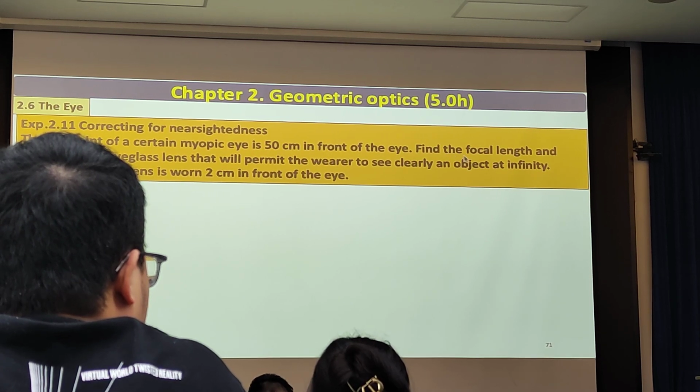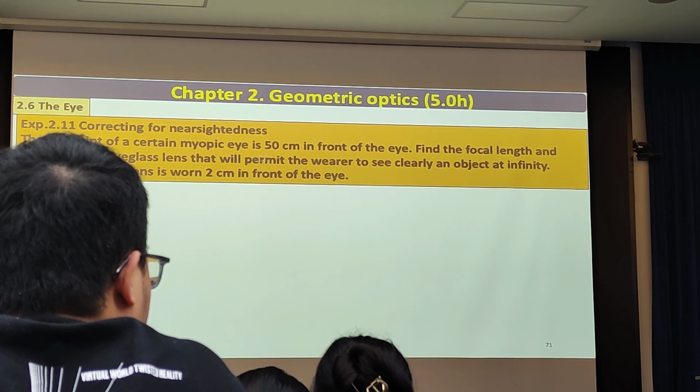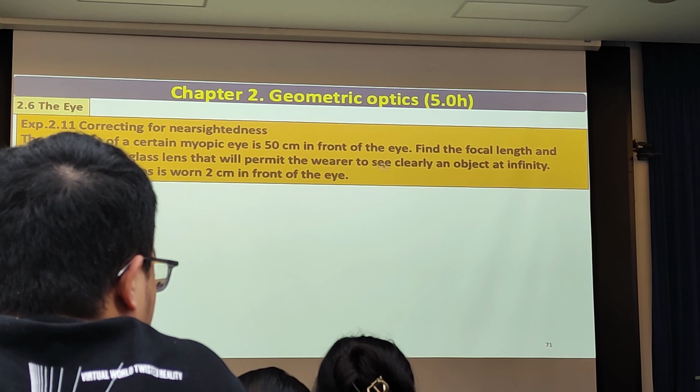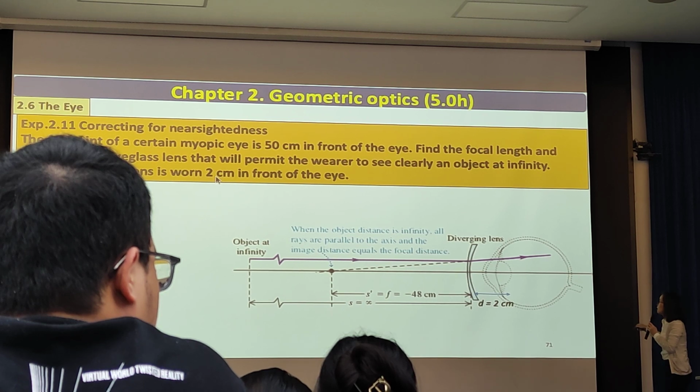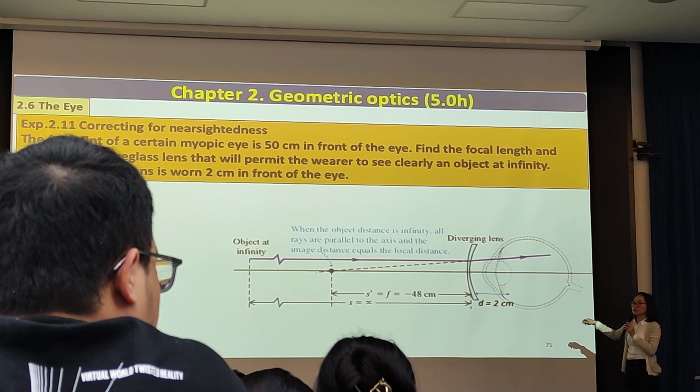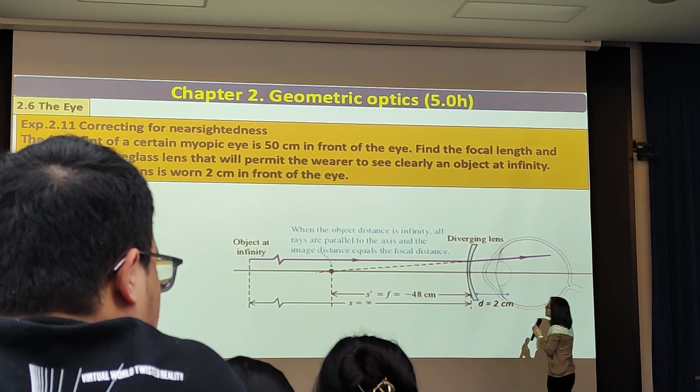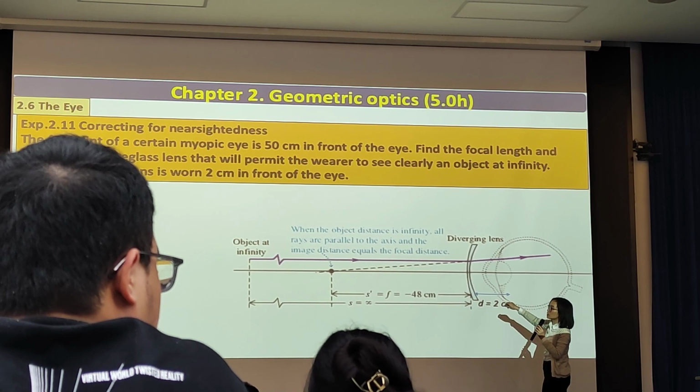So they ask us to find the focal length and the power of the eyeglass lens. So now it's not contact lens anymore, but the eyeglass, that will permit the wearer to see clearly an object at infinity. And assume that the lens is 2 centimeters in front of the eye. So in this case, we will use a diverging lens in order to help this eye to observe something at infinity, because this eye can only observe something at 50 centimeters only.